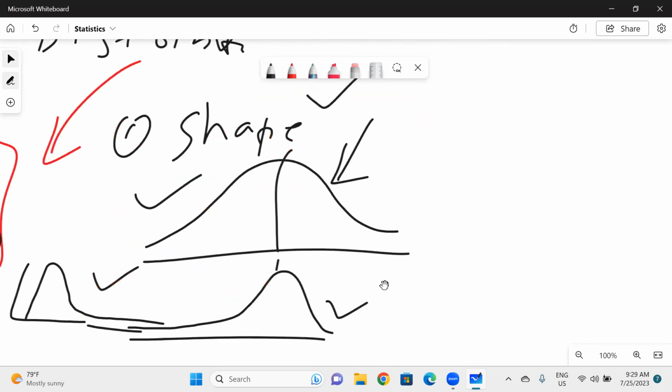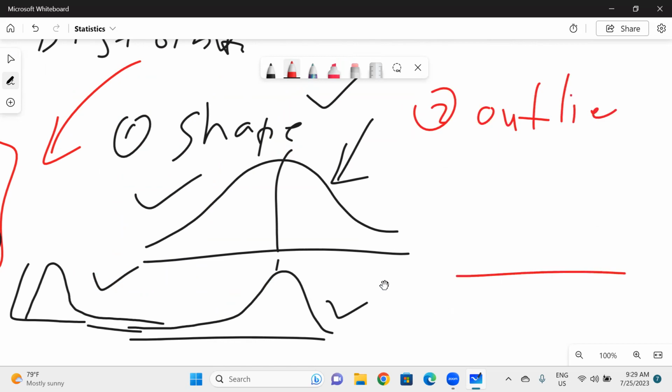And the second one is outlier. It's a very important parameter. For example, you distribute the data something like this.